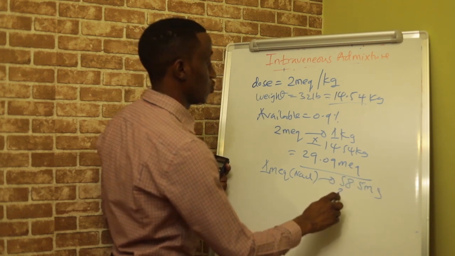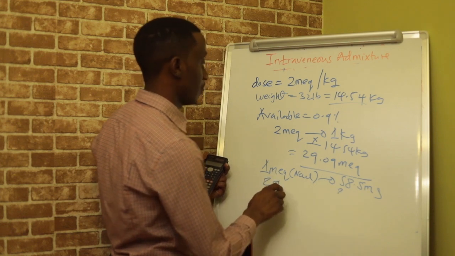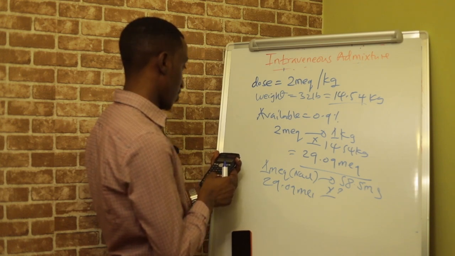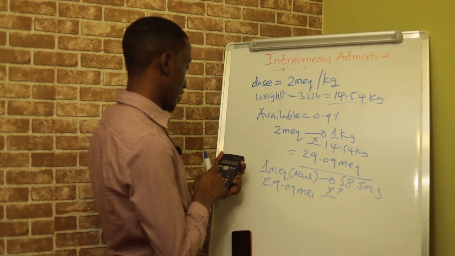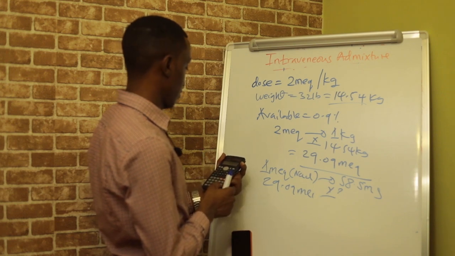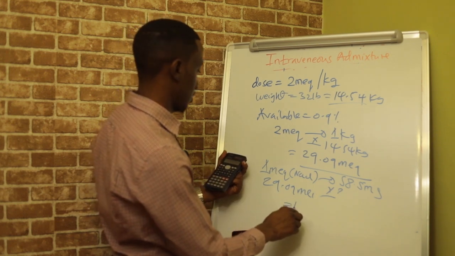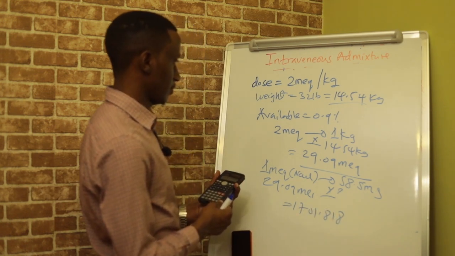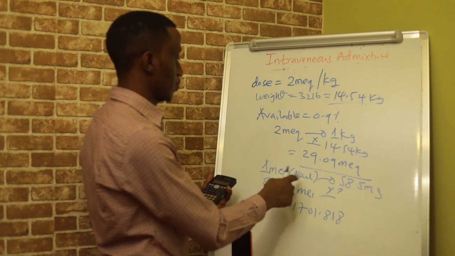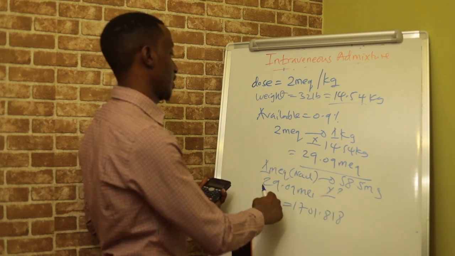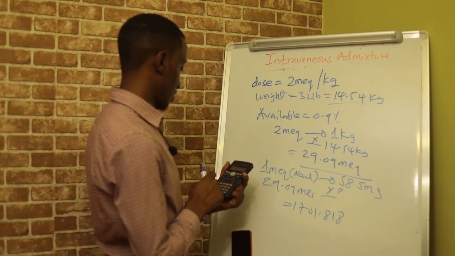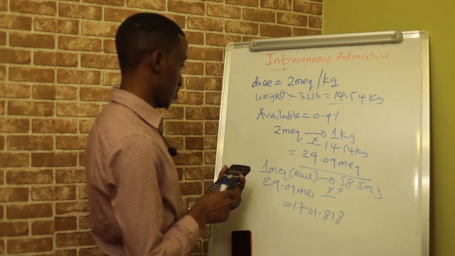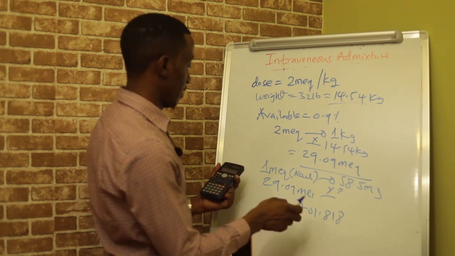So this 29.09 MEq of sodium will provide how many? So multiply by 58.5. Okay, those are milligrams.